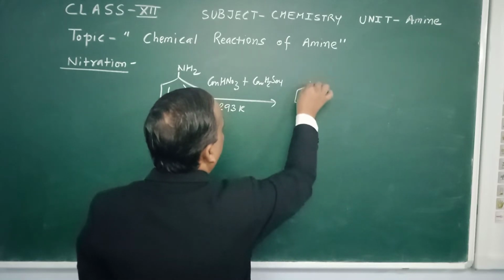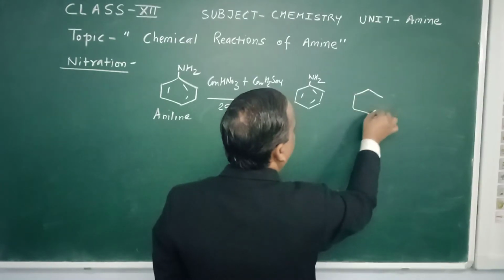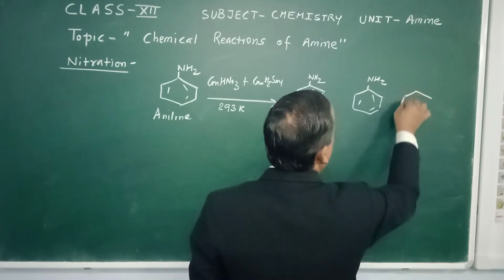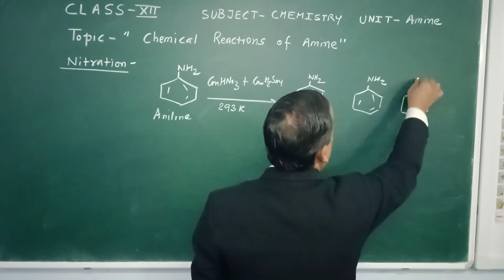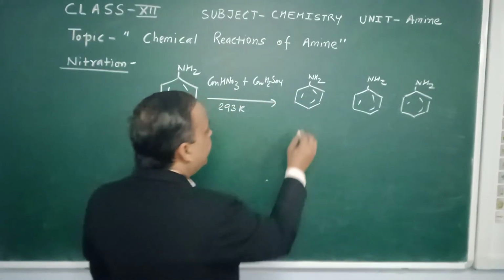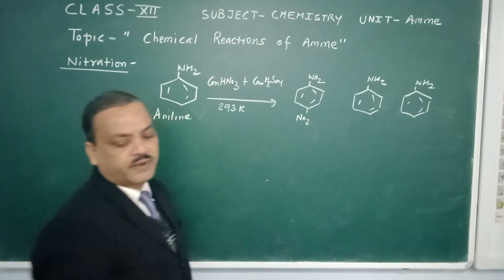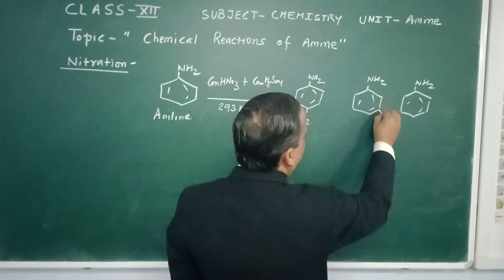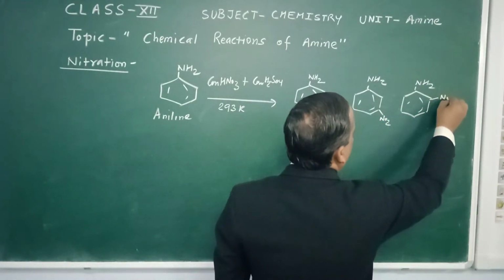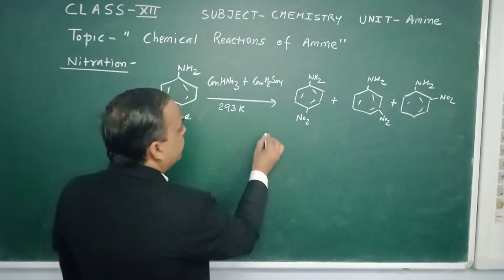These are the ortho, meta and para products; all three types are obtained in this case. In the first structure the nitro group is on the para position, in the second the NO2 group is on the meta position, and in the third it is on the ortho position.